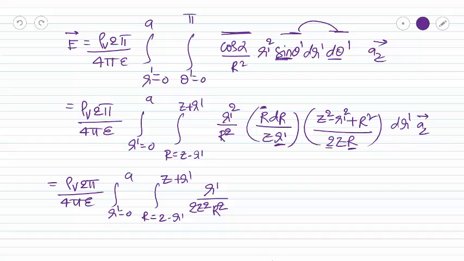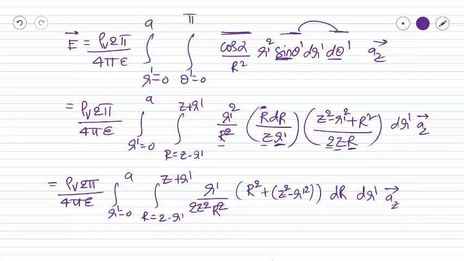I am having 2 here, and there is 1z, there is 1z, so 2z square, and R square here. Okay, right? And then this is in brackets. I will write down first R square plus z square minus r' square, bracket close, into dR and dr' az bar. Okay, so this is what we are having.